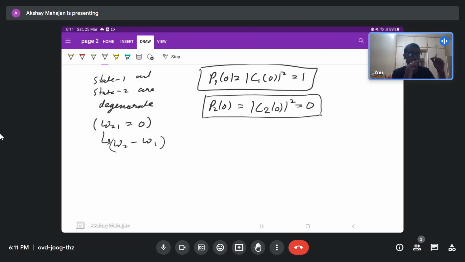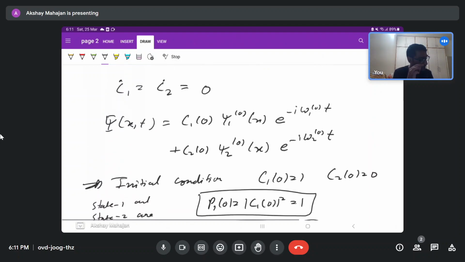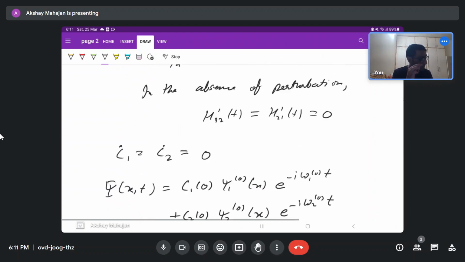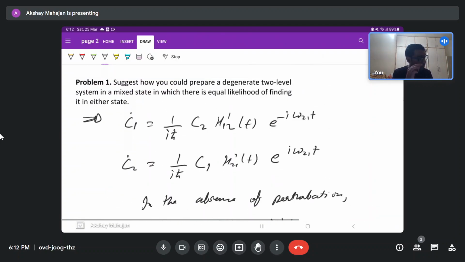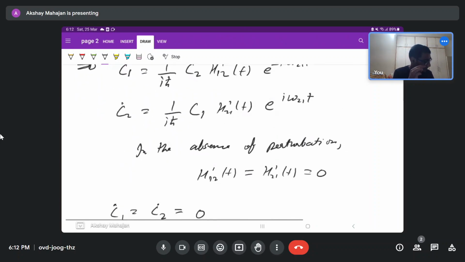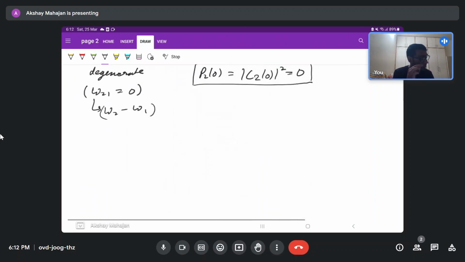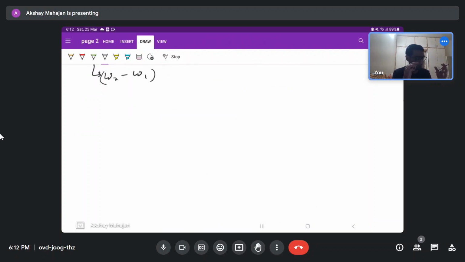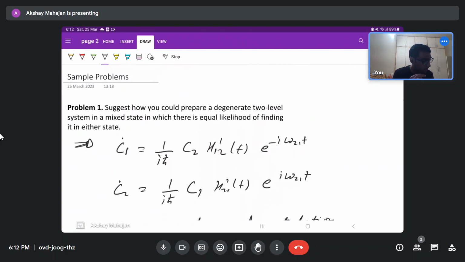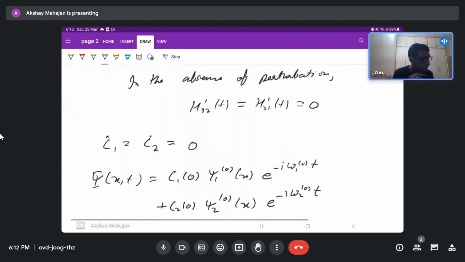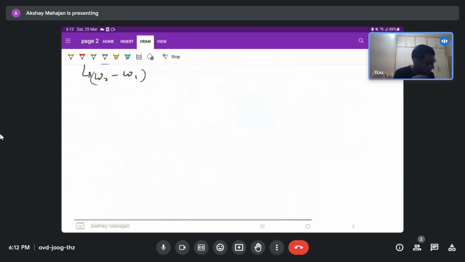Once the perturbation is gone, the composition will be fixed, and thus we will have created a system where at any time after that, the probability of finding the system in either state will be 0.5. So the likelihood of finding it in either state, as asked in the question, will be equal.